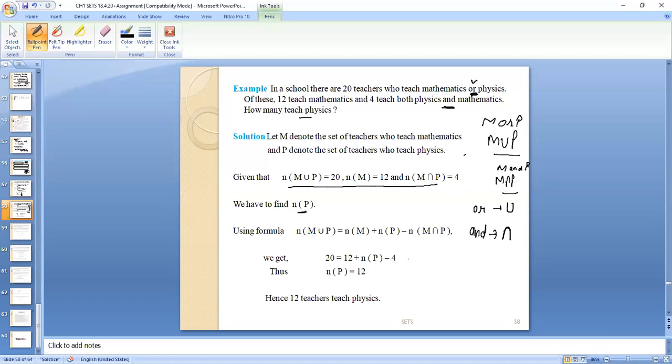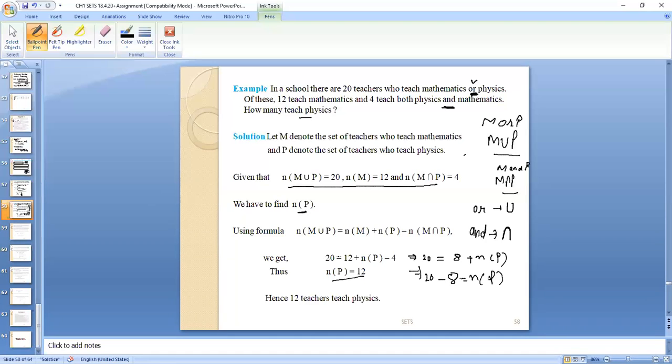So 20 is equal to 12 minus 4, that is 8, plus number of elements in P. So 20 minus 8 is equal to number of elements in P, and thus number of elements in P is 12.